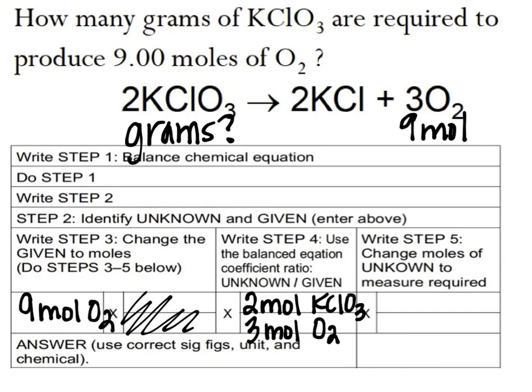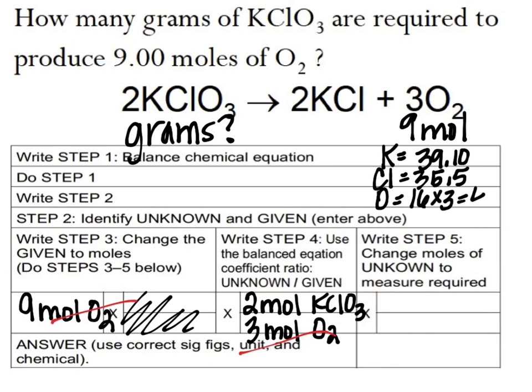All right, so now that we're in moles of KClO3, we can take these to grams of KClO3 by finding the molar mass of KClO3. So K is 39.10. Cl is 35.5. And oxygen is 16 times 3 for 48. So what do we get for the molar mass?